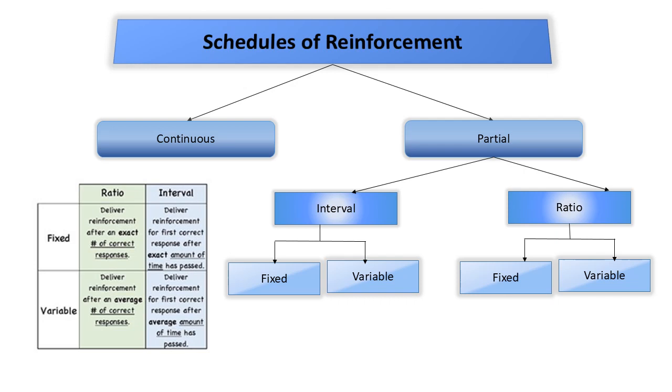So firstly, we will be discussing the fixed interval reinforcement schedule. It is used when the behavior is rewarded after a specific set amount of time. For example, we say that Miss J undergoes a major surgery in a hospital.